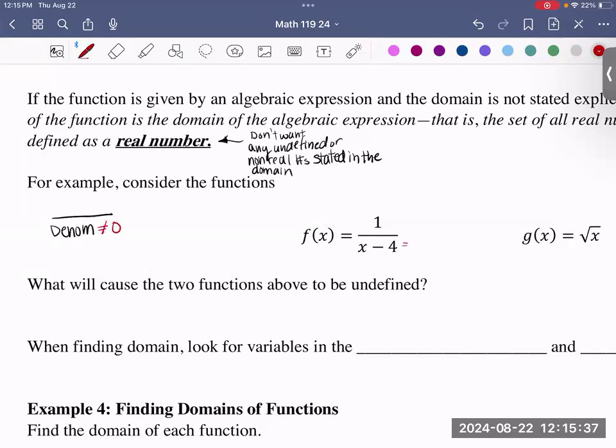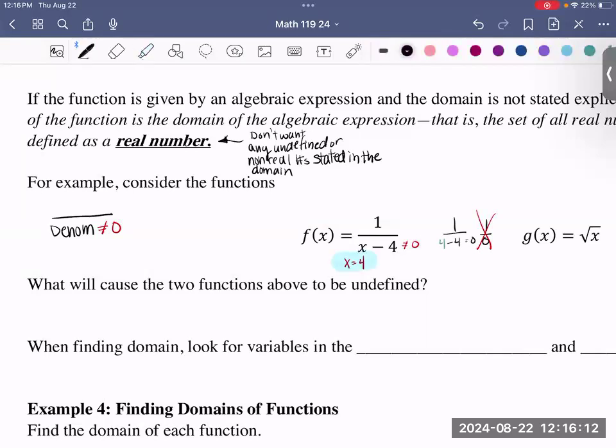So if we take a look here at x minus 4, what number will cause a 0 under here? If x is equal to 4, that means 4 minus 4 equals 0, and we have 1 over 0. Is that allowed? No. So the only number that we have to restrict is when x is equal to 4.